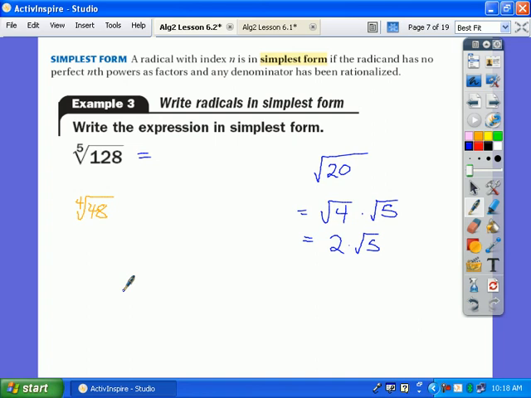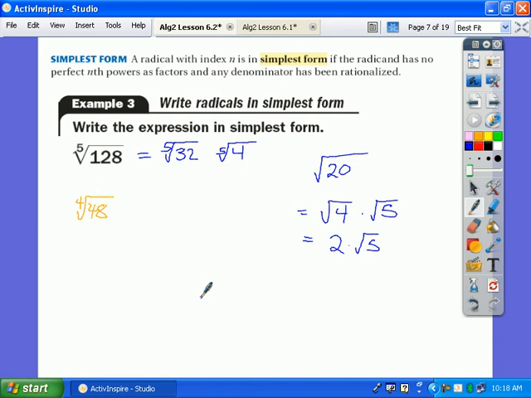Okay. So let's see. And again, there's going to be lots of ways to break this out, but the way that I think we're going to want to do it is the 5th root of 32 times the 5th root of 4. Because 4 times 32 is 128.